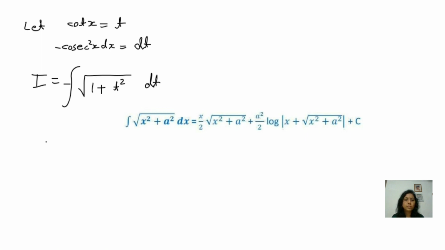So the answer is x upon 2 times the square root of x square plus a square, plus a square upon 2 times log of the absolute value of x plus the square root of x square plus a square.